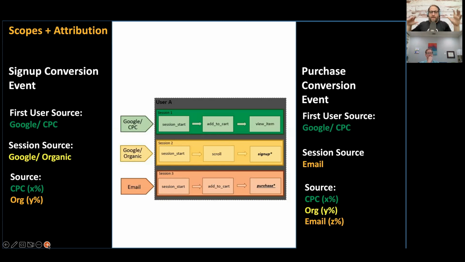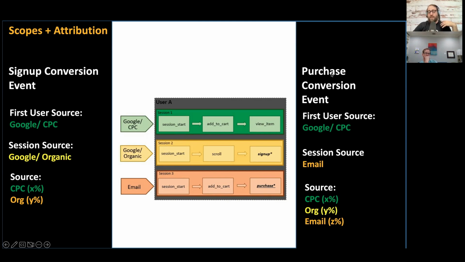So once again, if we throw it all together, if I'm looking at the sign-up conversion event, depending on which source I'm looking at, from the view of the user, or from the view of the session, or from the data-driven model, you can see things are very different. Same thing here.